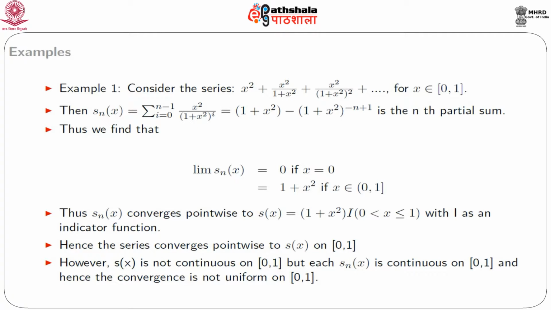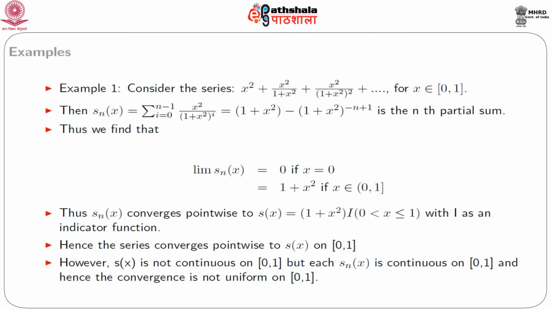So, first consider the series defined by x squared plus x squared by (1 plus x squared) plus x squared by (1 plus x squared) whole squared, and so on, for x belonging to the closed interval [0, 1]. Then in this case Sn(x) comes out as 1 plus x squared minus (1 plus x squared) to the power minus n plus 1, and this is our nth partial sum.